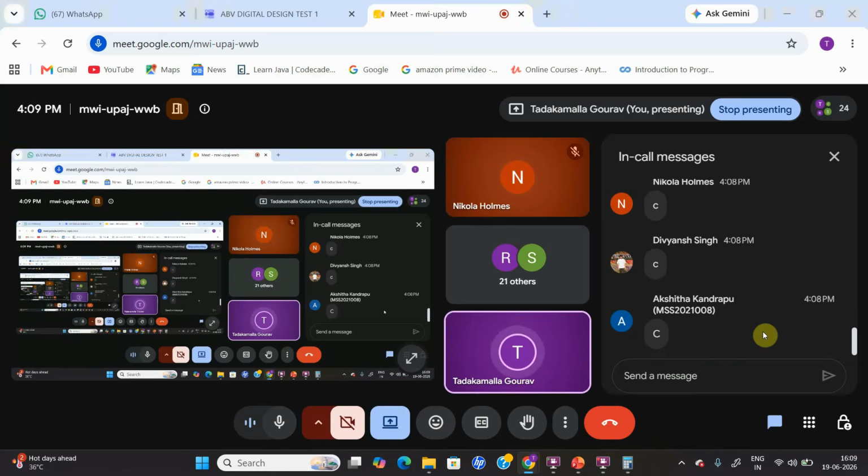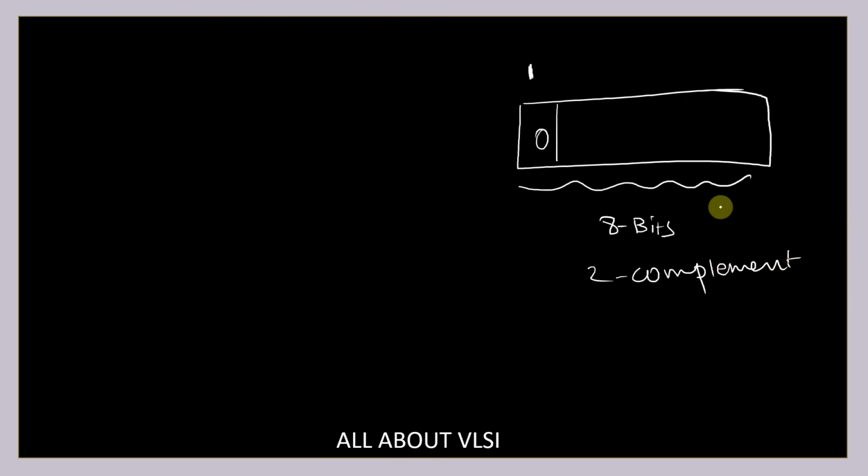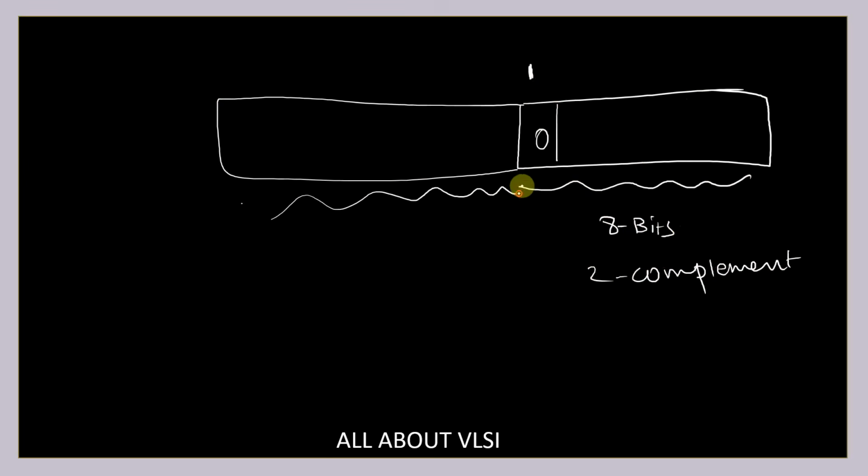Okay, let me briefly explain for someone who is not able to understand this. Let's say you have already represented a signed number using 8 bits. For positive numbers the sign is 0, and for negative numbers it is 1, even if you are representing in 2's complement format. Now, if you extend it to 16 bits, you should perform sign extension and copy whatever MSB is present.